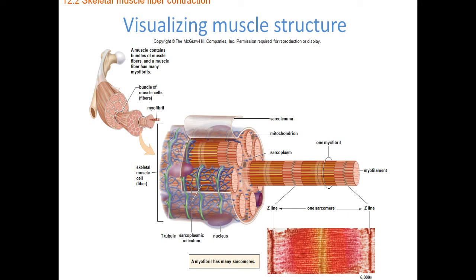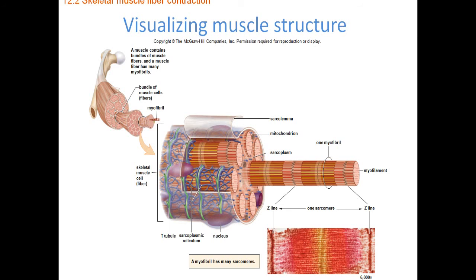Okay, if we take one of these little bundles and break it apart, then we have a myofibril. So one myofibril is one of these bundles. Now if we take the myofibril and break it down, we have these strings which are called myofilaments. A sarcomere are these little units that repeat along the myofilament.